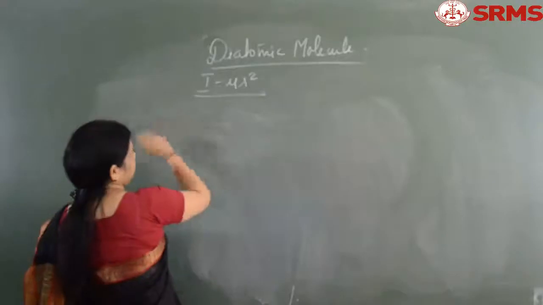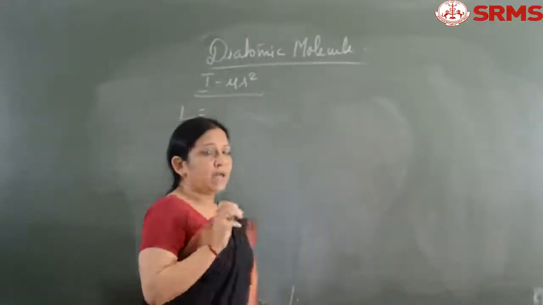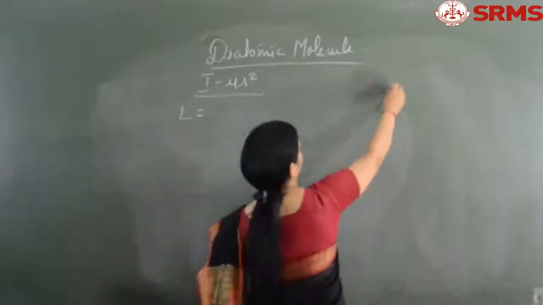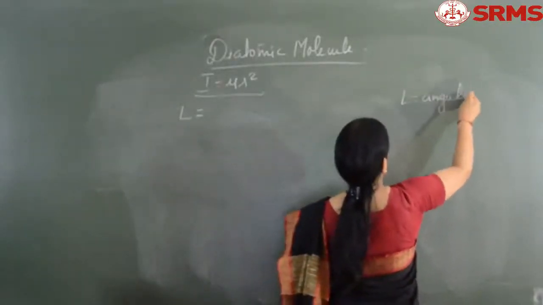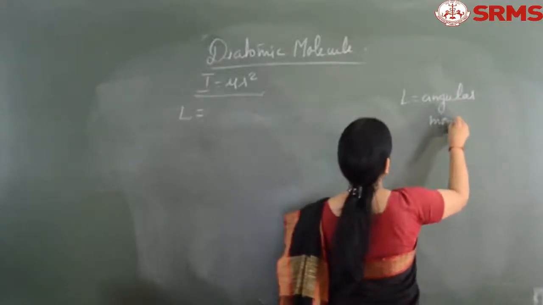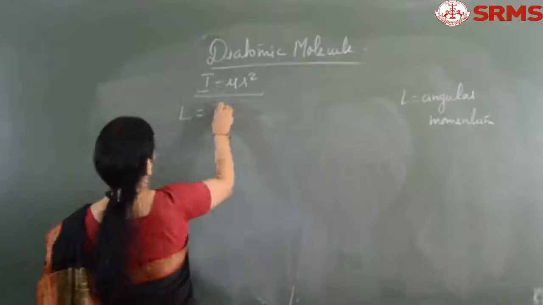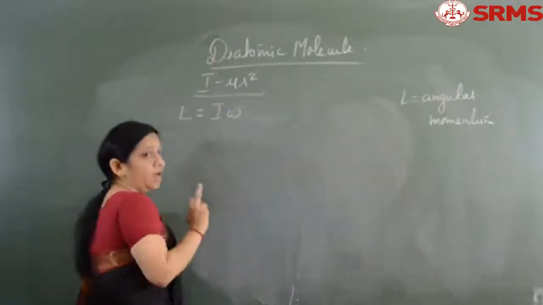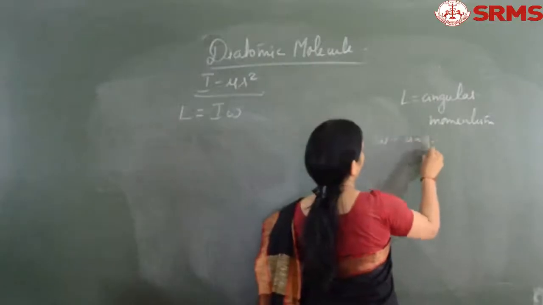Now here L is the angular momentum. This angular momentum is given by I omega, where I is the moment of inertia and omega is the angular velocity.